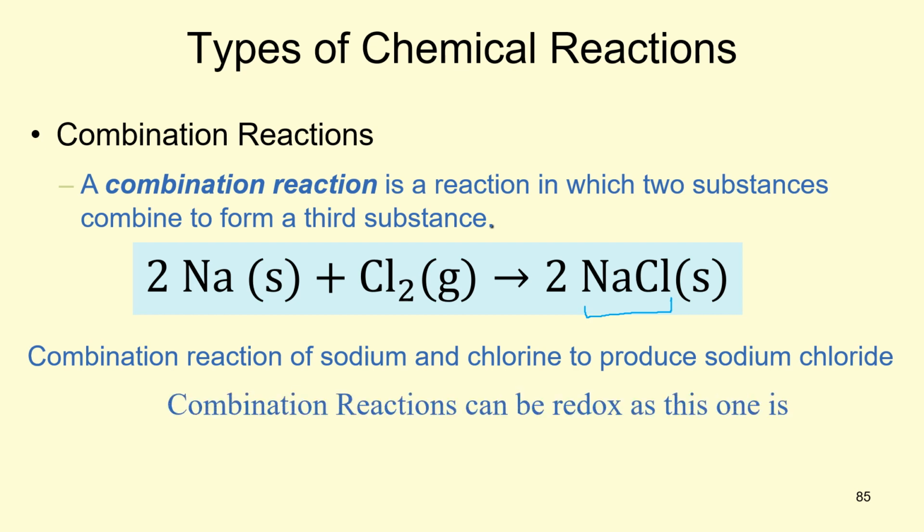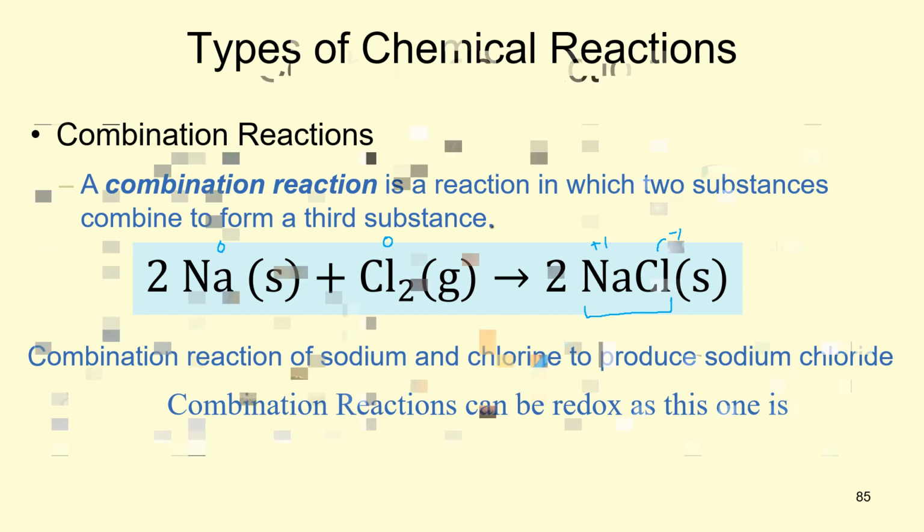Now, combination reactions can be redox. This happens to be a redox, and let's just look at it. Sodium here has a 0 charge. Chlorine has a 0 charge. Here, chloride has a -1 charge and sodium has a +1. So sodium is being oxidized and chlorine is being reduced in this case. So this is a redox.